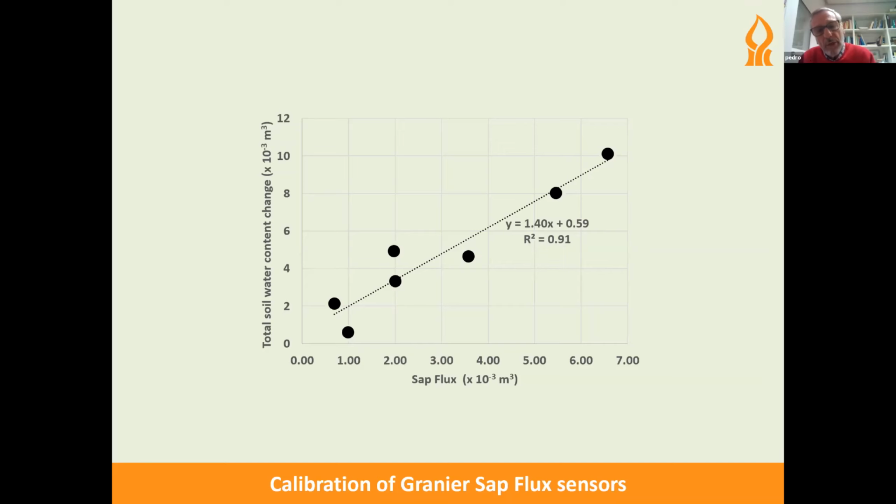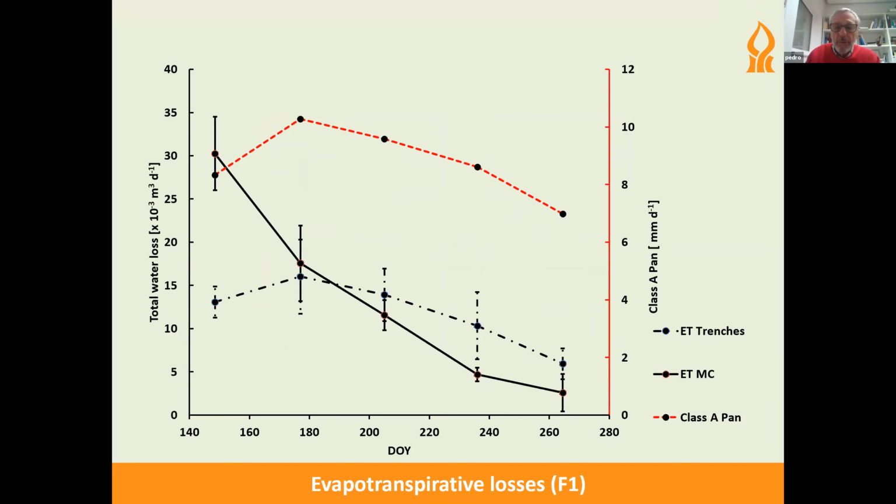We obtained this regression, which is quite good, and not always did our results conform to our requirement that there was no change. So we have not all the points, but only those that conformed. And we used this regression in order to estimate transpiration.